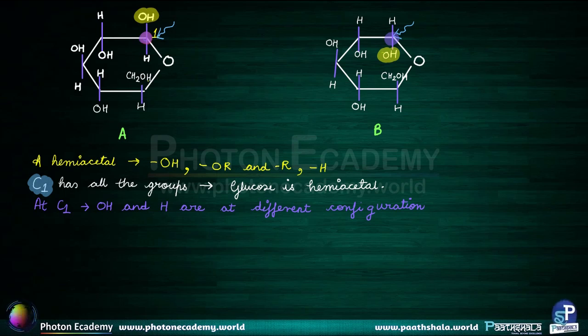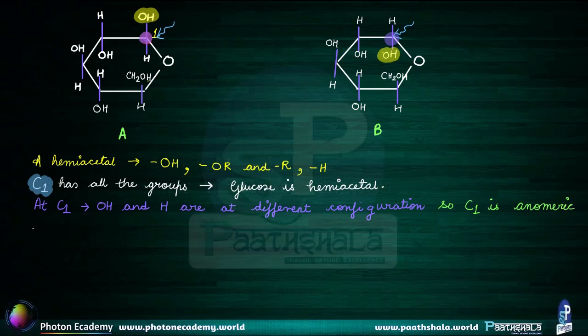So at C1, OH and H are at different configuration. So C1 is the anomeric carbon. And we also learned that wherever the anomer appears, that carbon is known as the anomeric carbon.